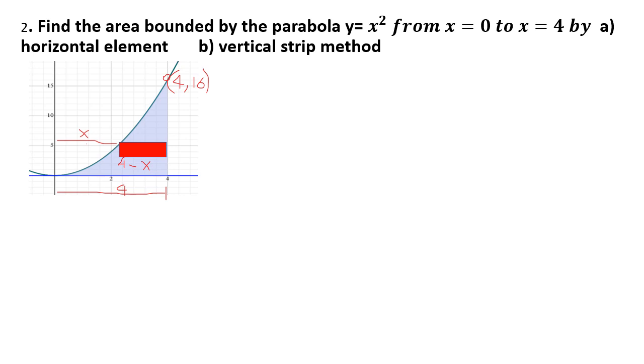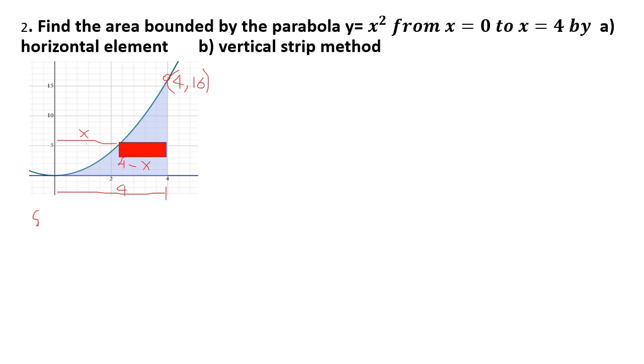Find the area bounded by the parabola y equals x squared from x equals 0 to x equals 4, by A, horizontal element, and B, vertical strip method. So this one first is using the horizontal element.